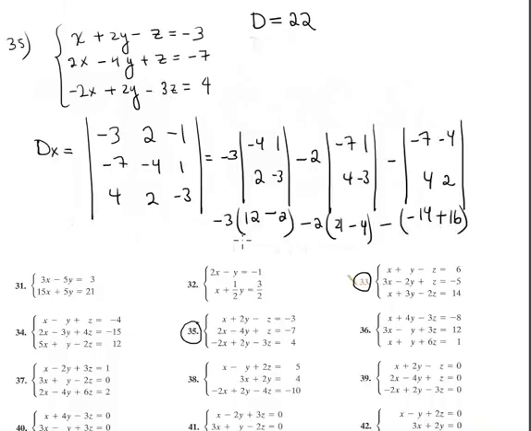The answer then is negative 30, because it's 10 times negative 3, minus 34, because 21 minus 4 is 17, times 2 is negative 34, and this positive 2 is minus 2. The answer is minus 66. Dx is equal to minus 66.